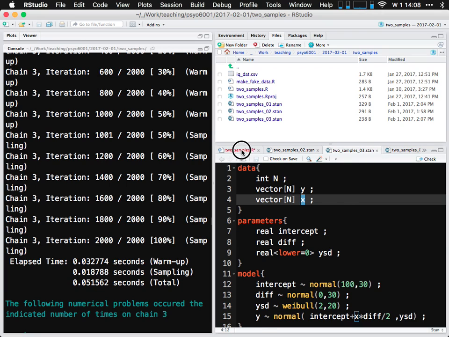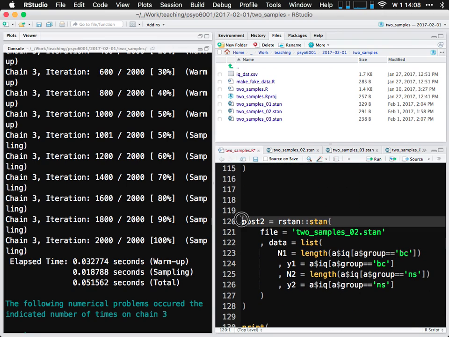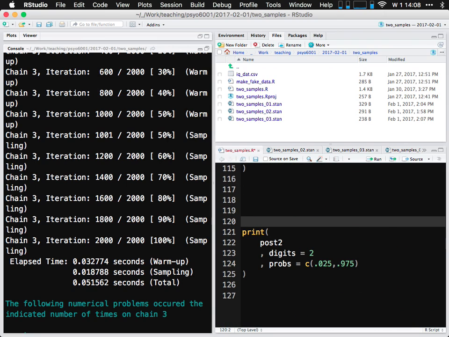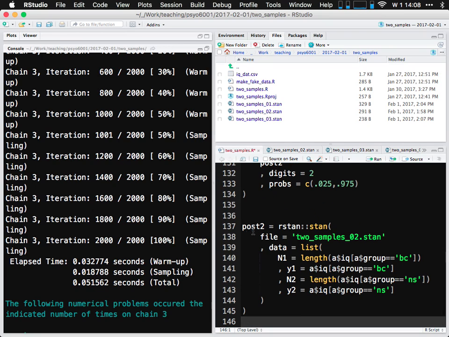All right, so I'm going to go back to my toSamples.r and scroll up till I can grab this. I'll create something called post3, toSamples3.